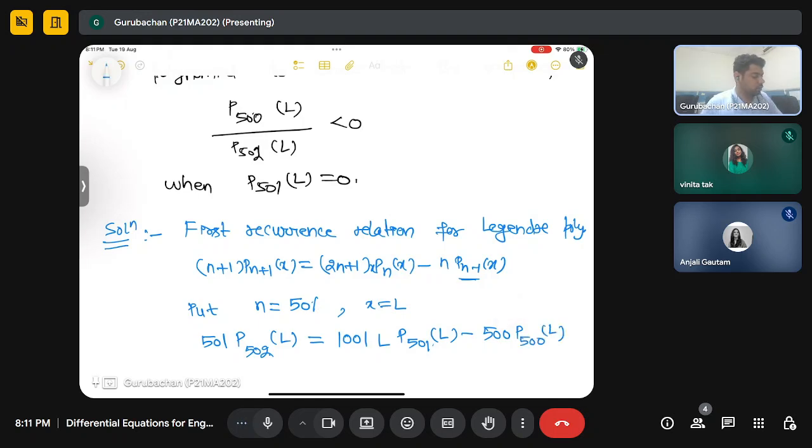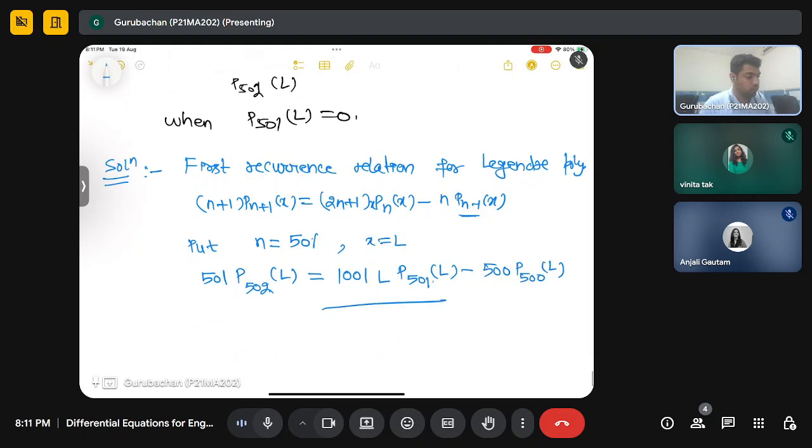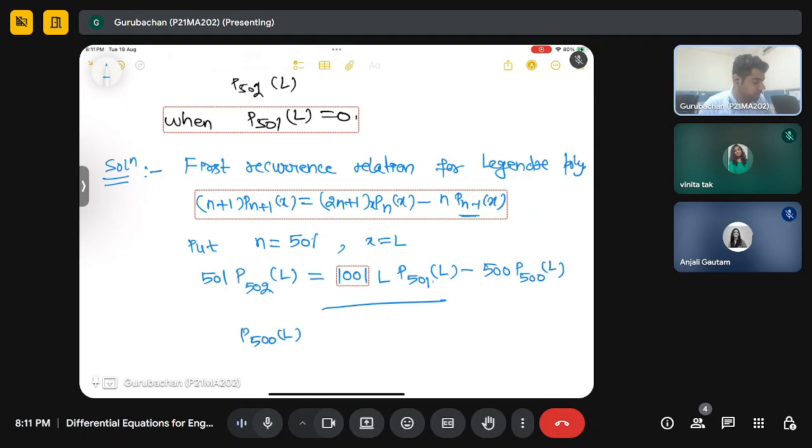Since this quantity P501(L) is 0, as given, what we will get is P500(L) divided by P502(L) equals minus 502 divided by 501, which is negative.